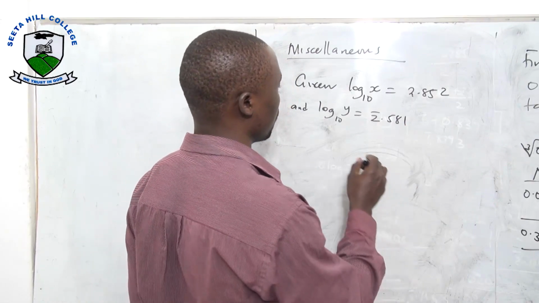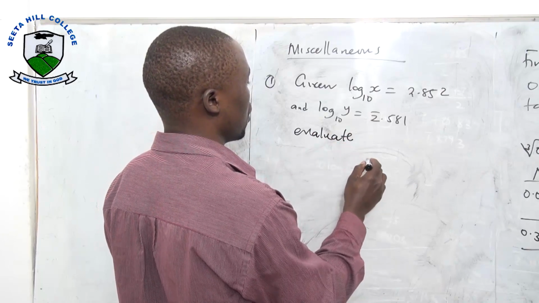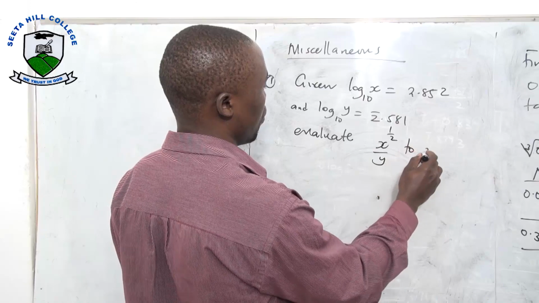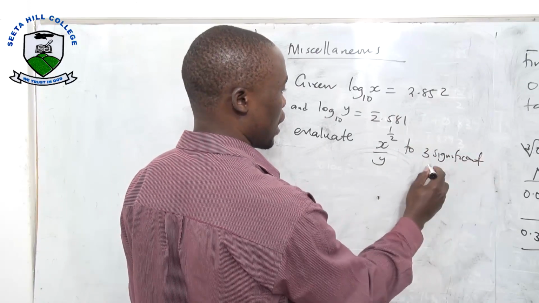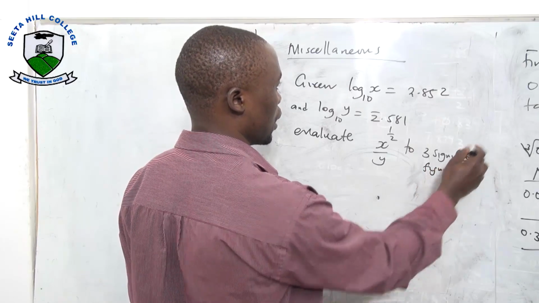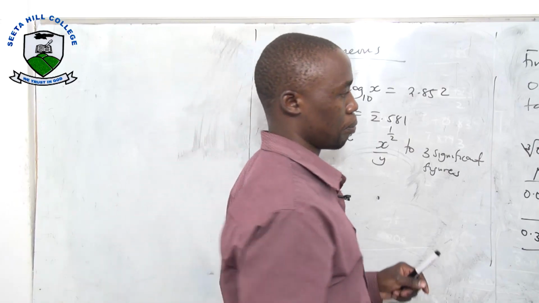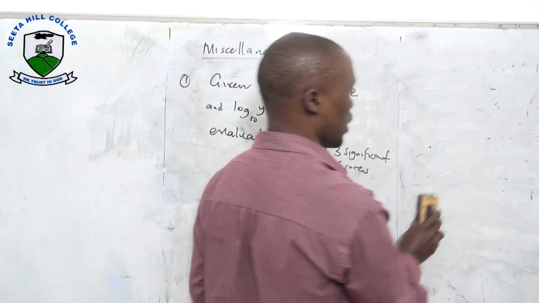So evaluate x to the power half out of y to 3 significant figures. Now I'll do that and also do this.